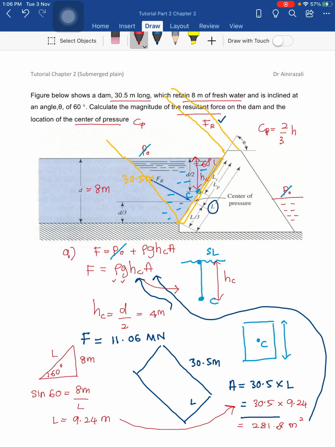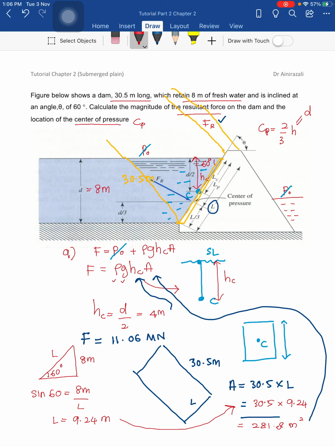Here the head H is equal to D, so 8 meter.